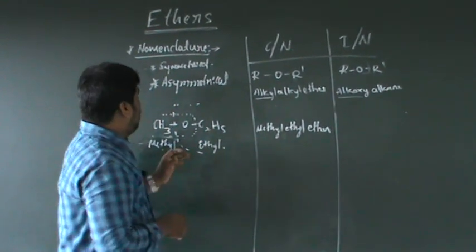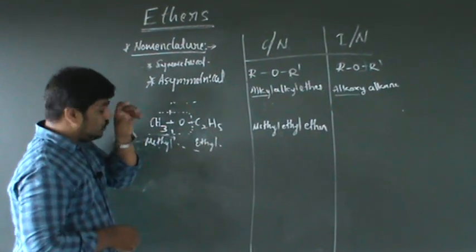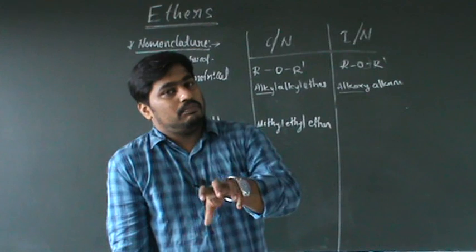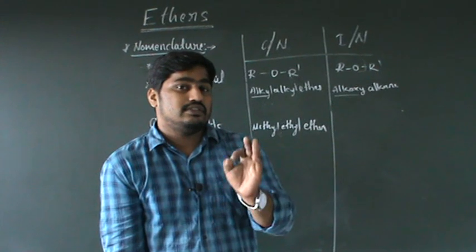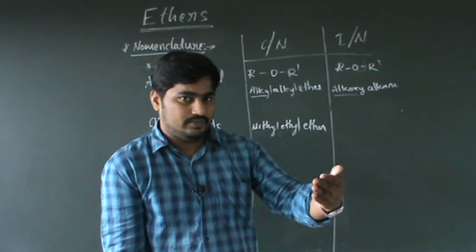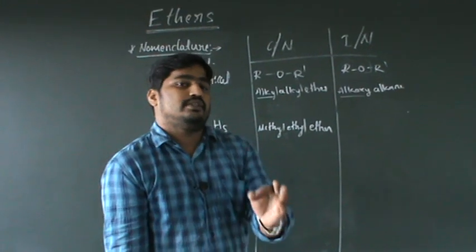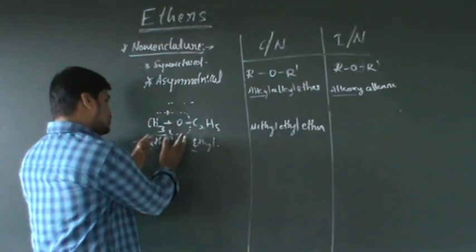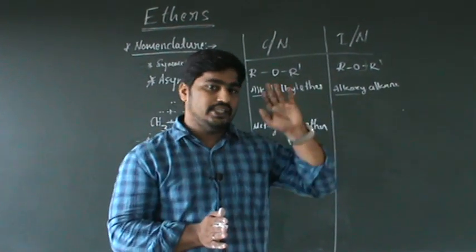In the IUPAC system, the part attached to oxygen with the lesser number of carbons is always the alkoxy. This is the very important principle of naming ethers: the alkoxy part should contain fewer carbons than the other part of the ether.